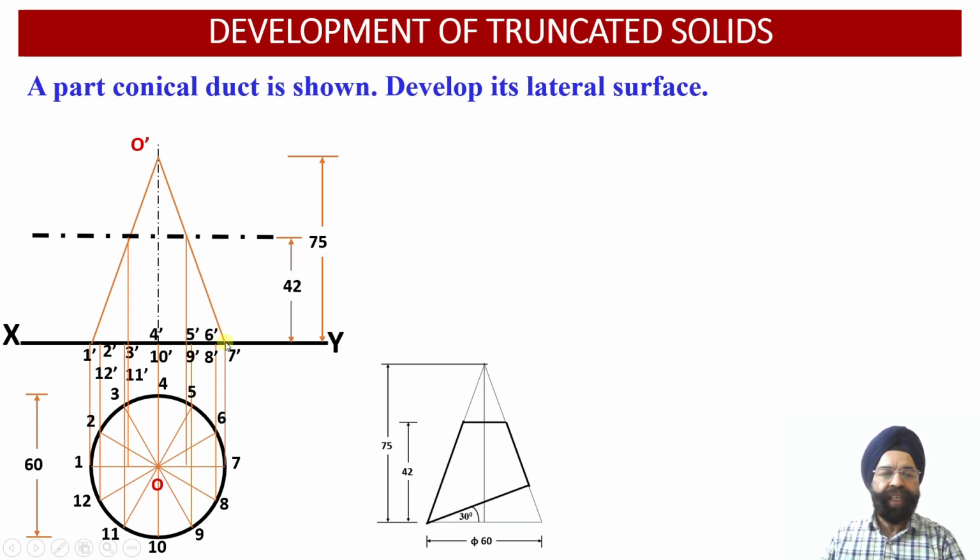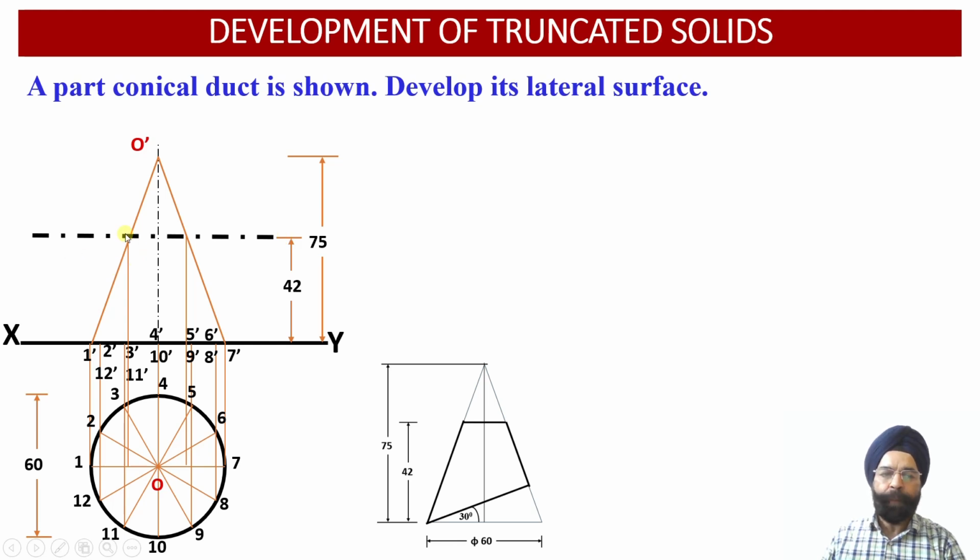Now we can check that this auxiliary inclined plane, parallel to the horizontal plane, is going to cut the cone at a height of 42 millimeter over here. So at a distance of 42 millimeter, we have drawn an auxiliary inclined plane so that we are able to obtain the frustum of the cone corresponding to this AIP cutting plane, which happens to be parallel to the horizontal plane.